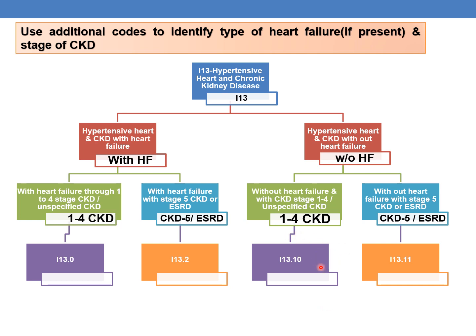Then the appropriate code is I13.10. And for CKD stage 5 or ESRD, the code is I13.11. I13.10 and I13.11 indicate without heart failure codes, whereas I13.0 and I13.2 indicate with heart failure codes. Don't get confused.